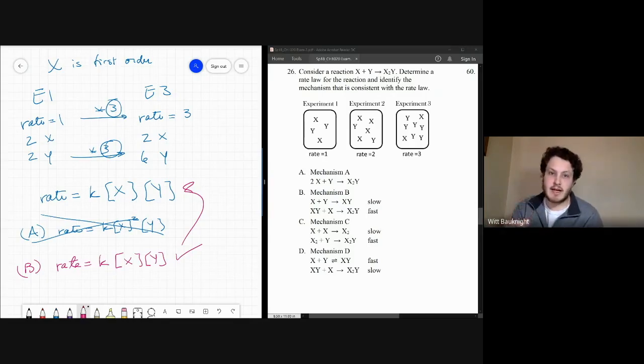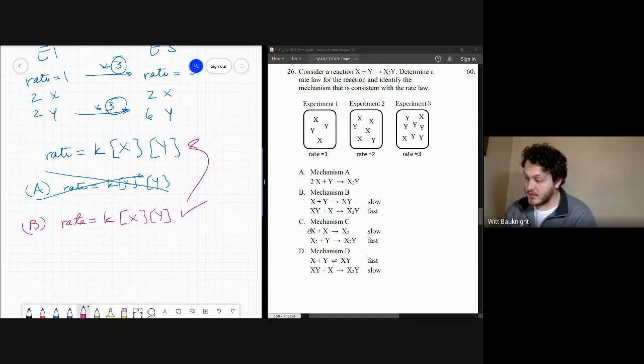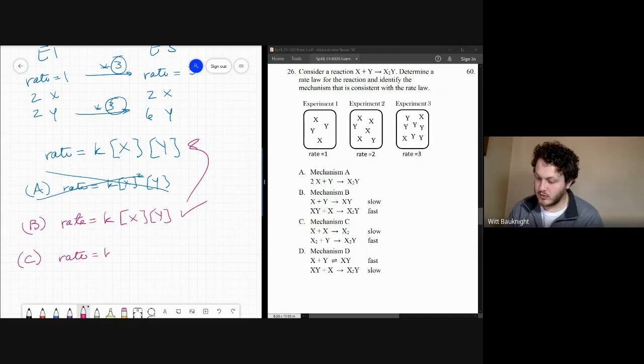Now, just for extra practice, let's go through C and D and explain why they are not true. So for C, our slow step is right here. So we have a rate determining step. And so for C, the rate is equal to kx squared. That is not correct. And D is the weird one.